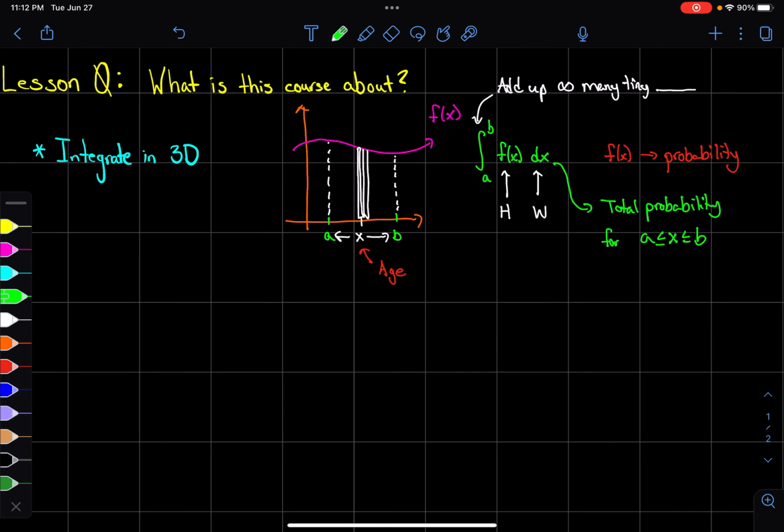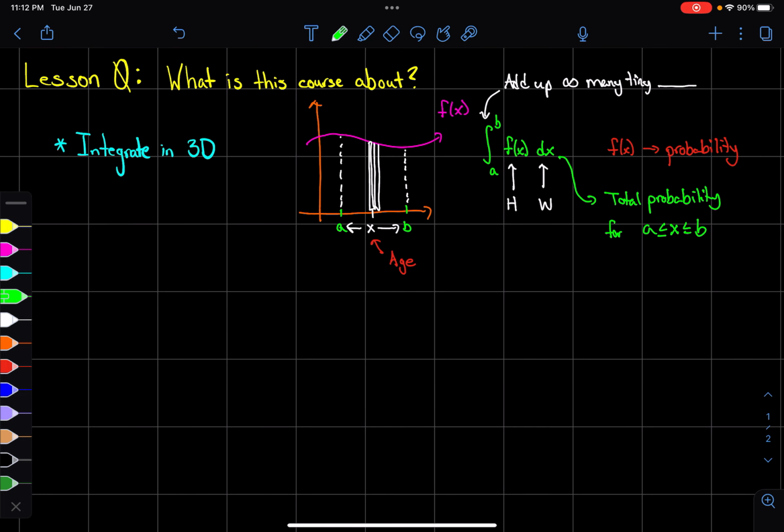We can very naturally extend this concept because, just like in the real world, the odds of you winning the lottery aren't just based on how old you are. It could be based on a variety of factors, like how much money you have in your bank account. If you don't have any money, you can't buy a lottery ticket in the first place.